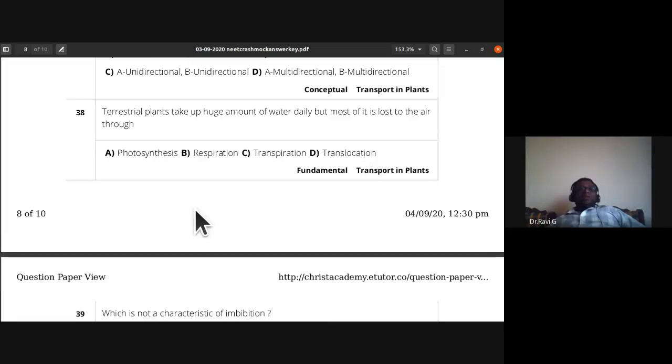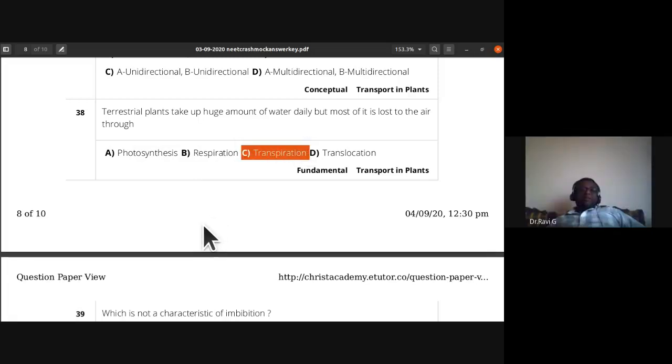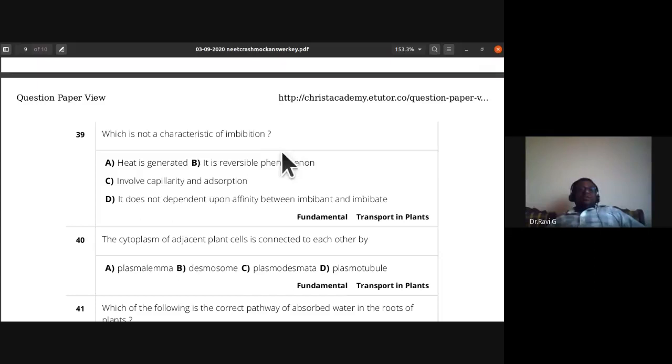So 38th, terrestrial plants take up huge amount of water daily, but most of it is lost to the air through transpiration. Yes, most of it is lost through transpiration. Which is not a characteristic feature of imbibition?